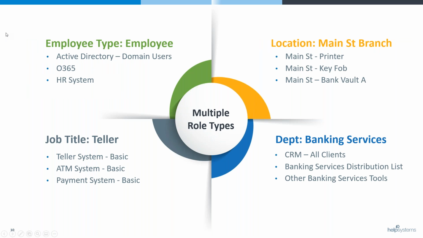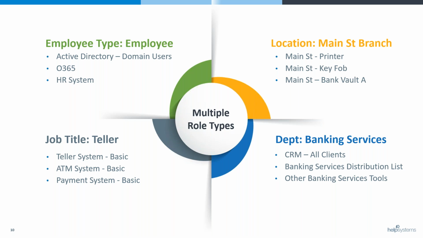Then you can go into a more complex role situation. Here a user would get 4 different roles based off of their employee type, job title, location, and department. So let's say, for example, this is an onboarding process.